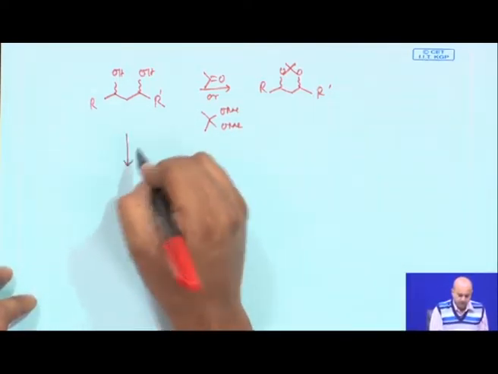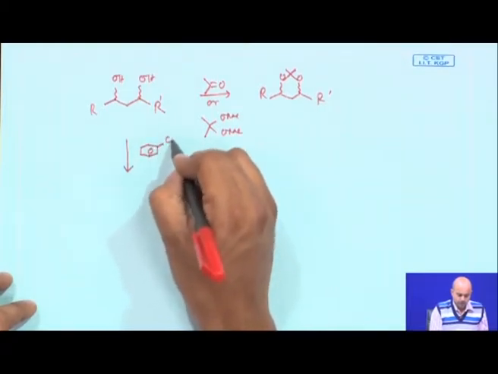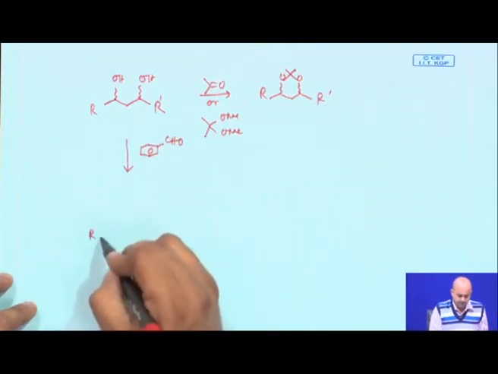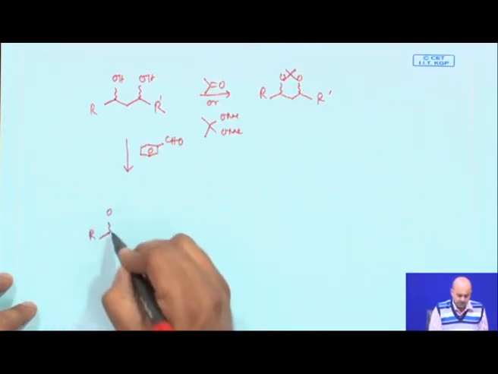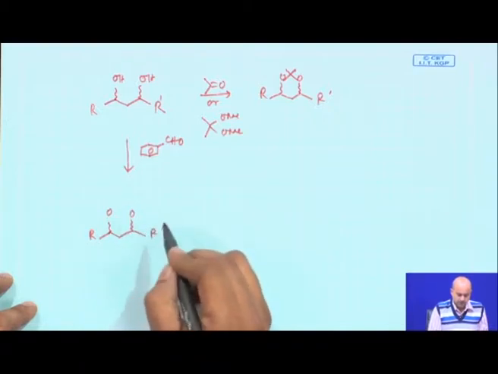Now, there are other ways you can protect this compound. You can do a simple protection of these compounds by making the corresponding benzylidene acetal. The chemistry is basically similar.